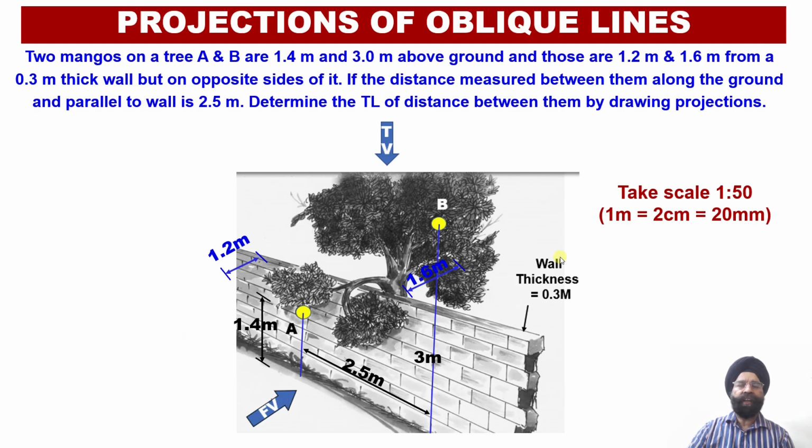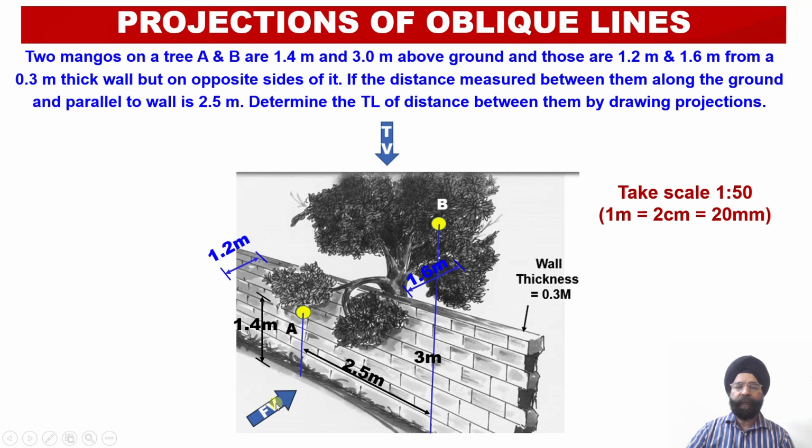Now here we have a real life situation in which we have been provided with two objects, object A and object B. There are two mangoes available on the opposite sides of the wall. Here we have a wall in the garden, and these two oranges are available on opposite sides of the wall, and we have been provided with the coordinate locations of these two points or objects.